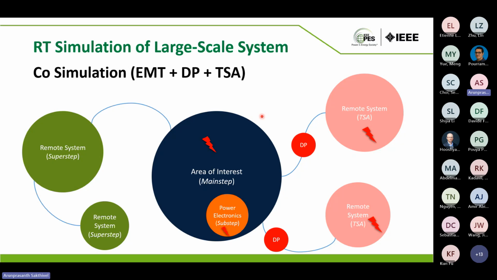With this approach, we can model 10,000 buses even with one NovaCore chassis, because each of these TSA remote systems runs on one core, which supports up to 2,000 buses. So we could easily have 5 of these to realize 10,000 buses, and the remaining can be modeled using main step, substep, and superstep as required. So this is the second option.